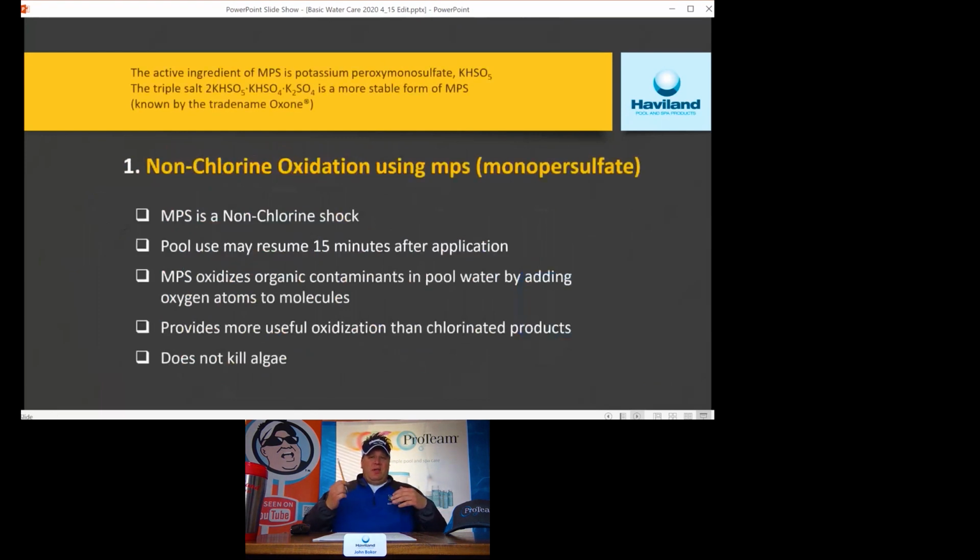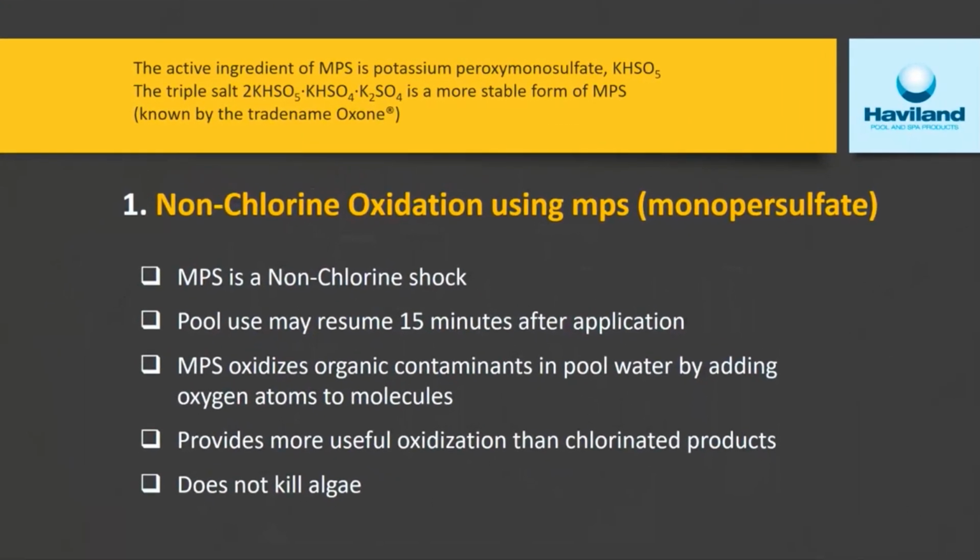My personal favorite weekly maintenance product is a non-chlorinated oxidizer. We call it Oxone in the swimming pool world, and it is an outstanding product to use to break down all the yuck that we introduce into the water.